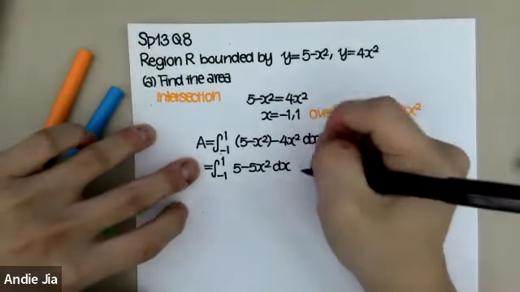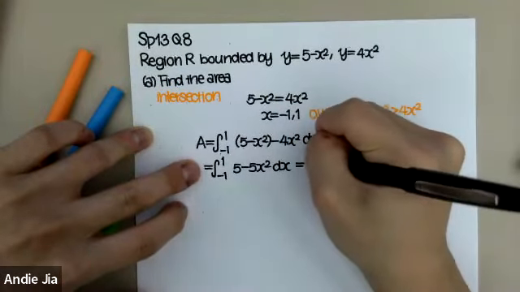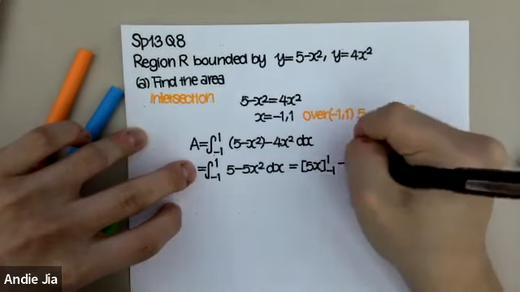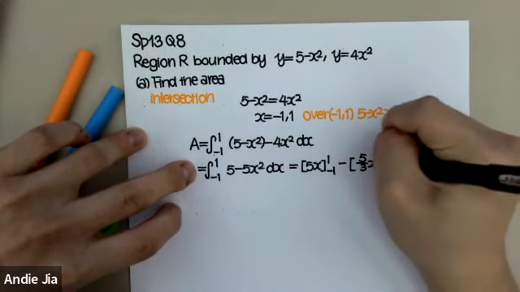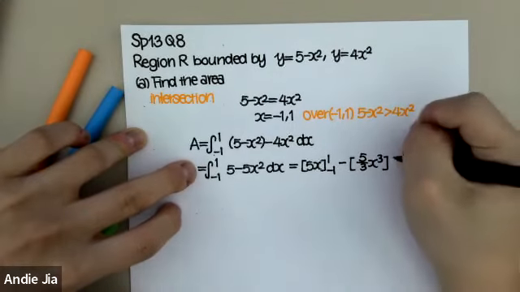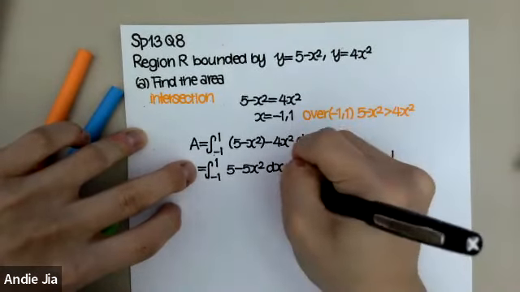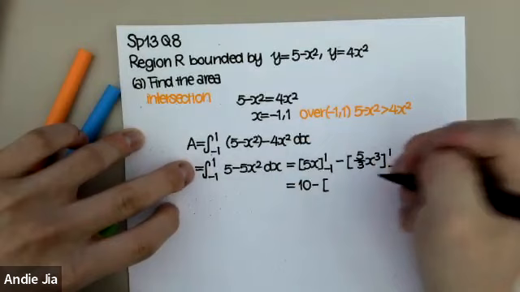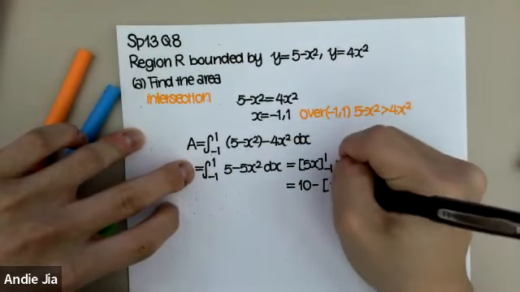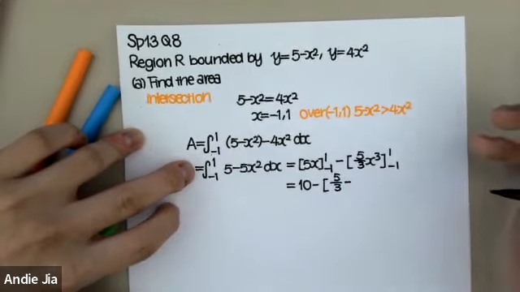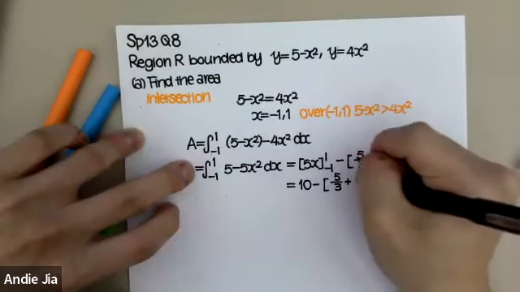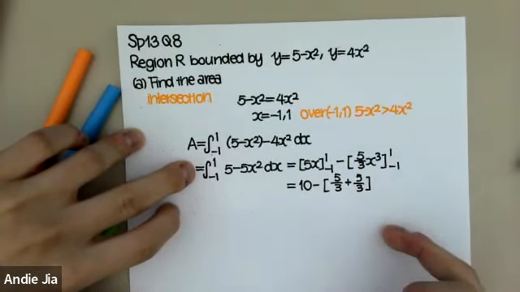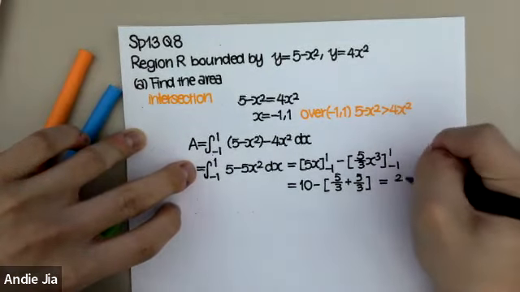So it's going to be 5x minus 5 over 3 x cubed, from 1 to -1. It's going to be 10 minus 5 over 3 minus 5 over 3, so it's going to be 20 over 3.